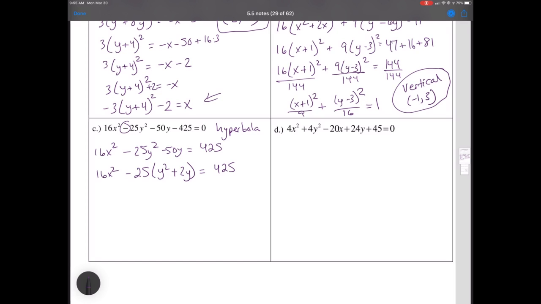So y squared plus 2y equals 425. So 16x squared, complete the square operation. 425 plus negative 25, and that's going to give you 400.